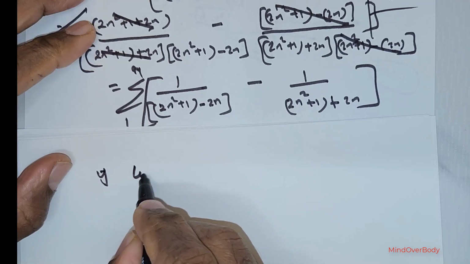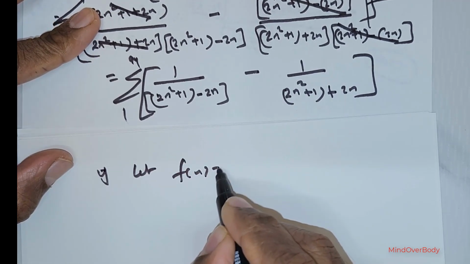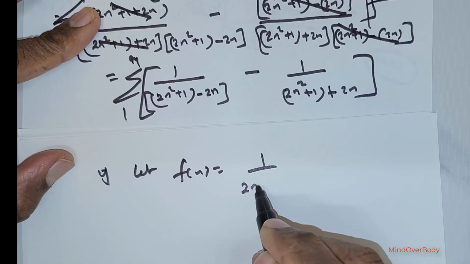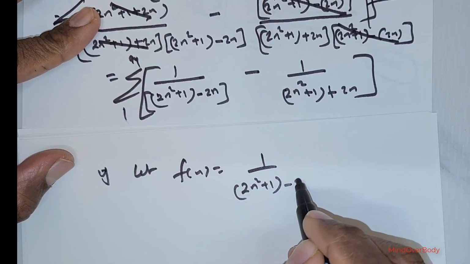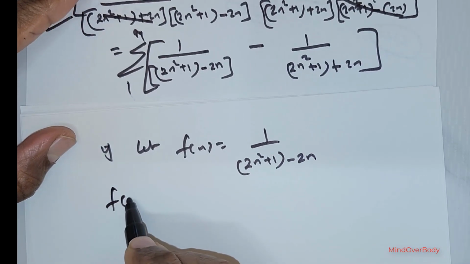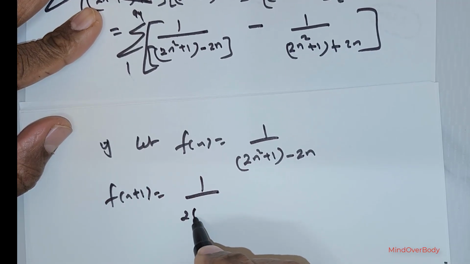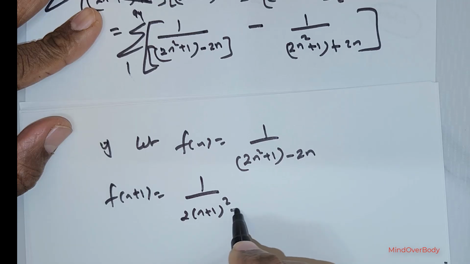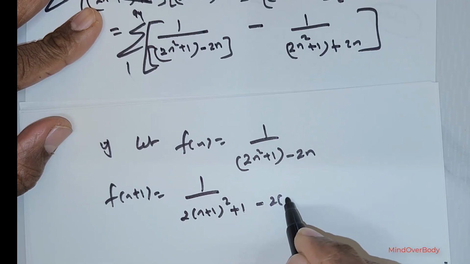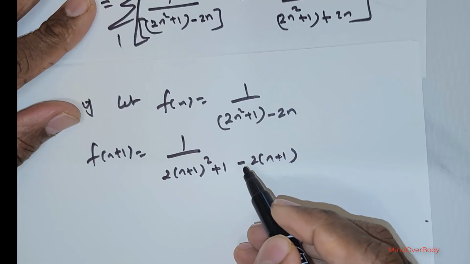Now if we take f of n to be equal to 1 over (2n squared positive 1 negative 2n) and find f of n positive 1, this is going to be 2 times (n positive 1) whole squared positive 1 negative 2 times (n positive 1), right?